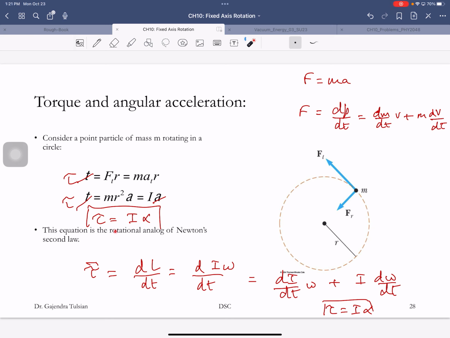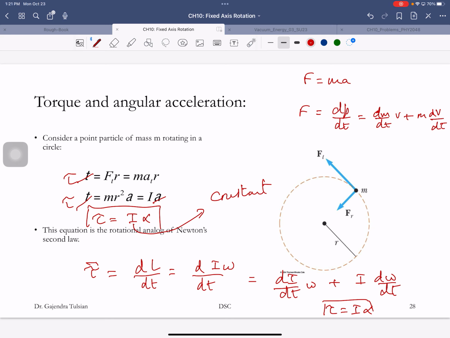But this formula can be generalized. When is this true again? That's right. Very good. When this guy is constant. So whenever you're talking about a rigid object rotating about a fixed axis, then this is true.